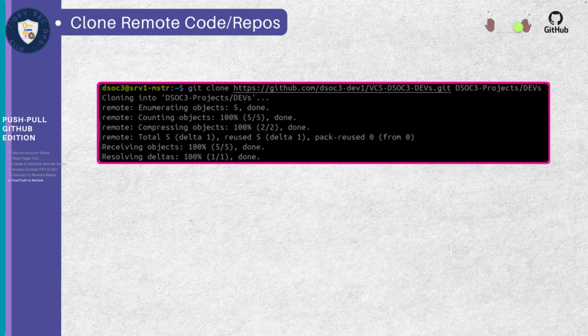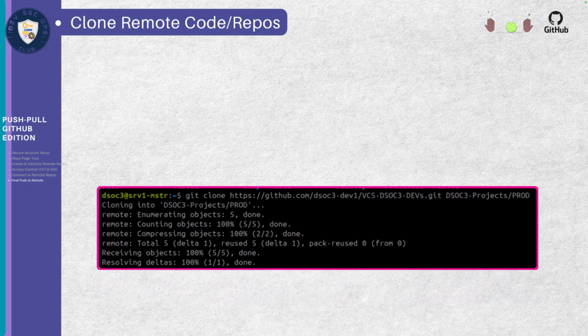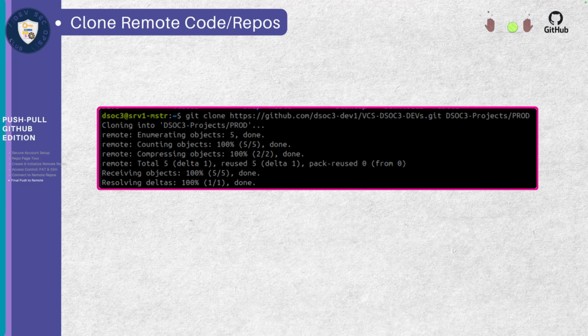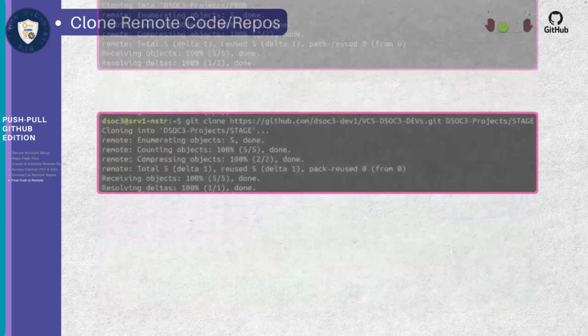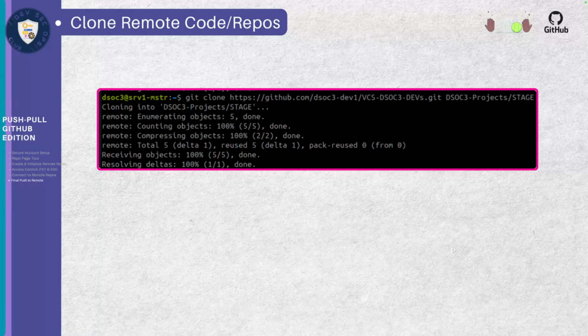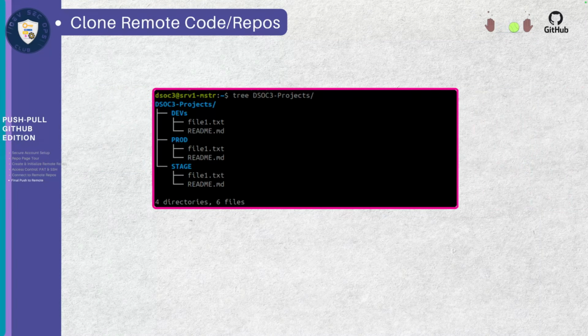In that case, you have a choice to put the name of the client or your project, and inside that folder you clone the repository. This is another way. You could also say this is dev, this is prod, this is stage, and all the repositories are the same.